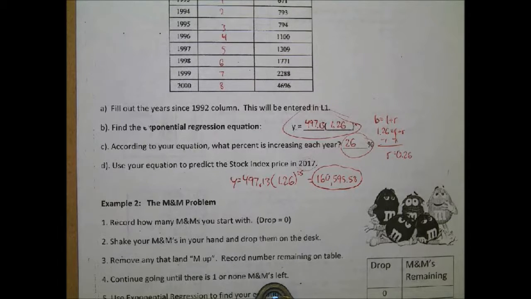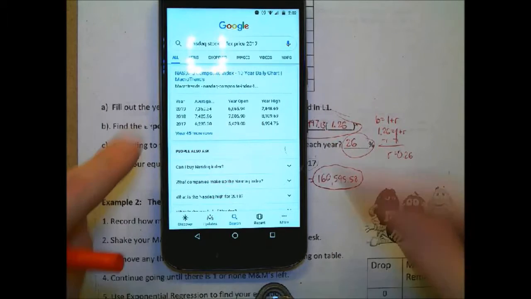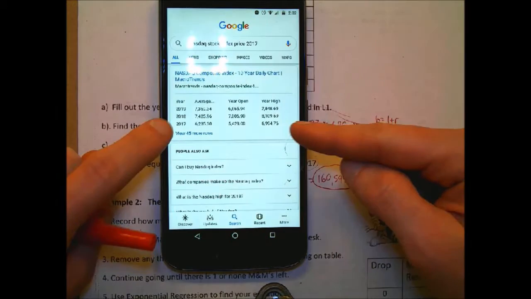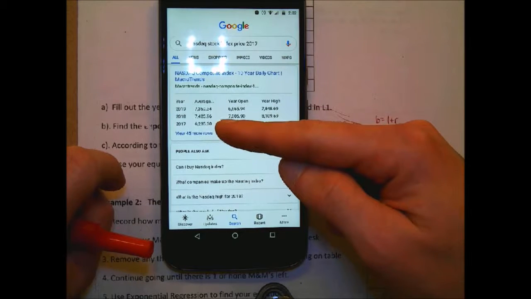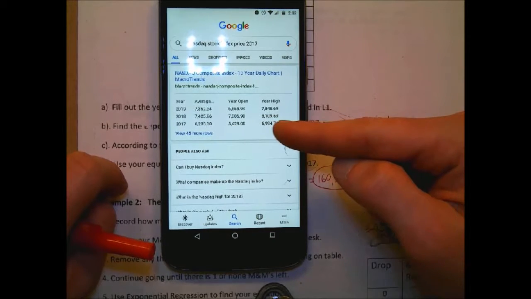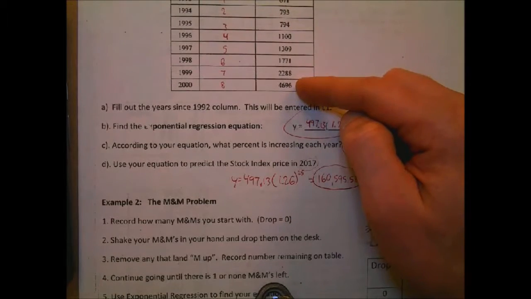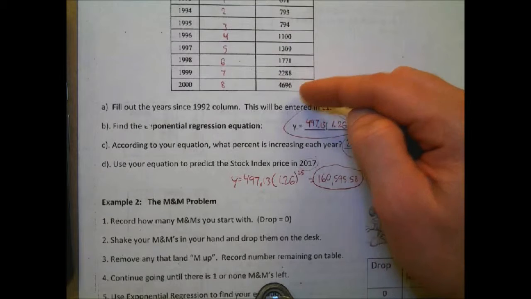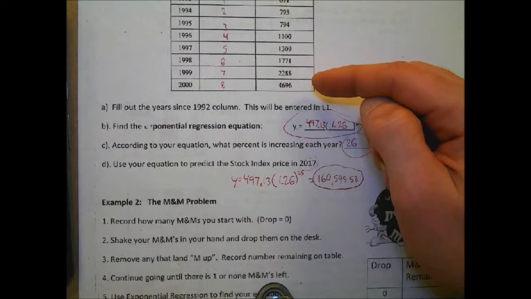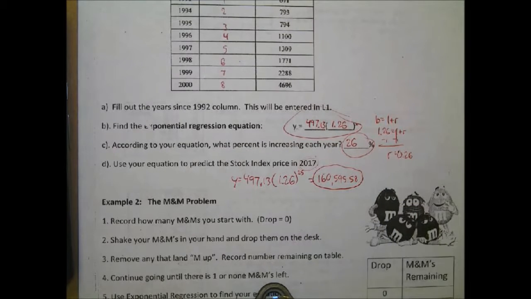The true answer, the actual answer, if you take a look, there's 2017, and the average for the NASDAQ index price was 6,235. You can see it reached almost 7,000, but the average was 6,235. So that's still higher. It still was growing since 2000. But it's definitely not 160,595. It's not even that right now.